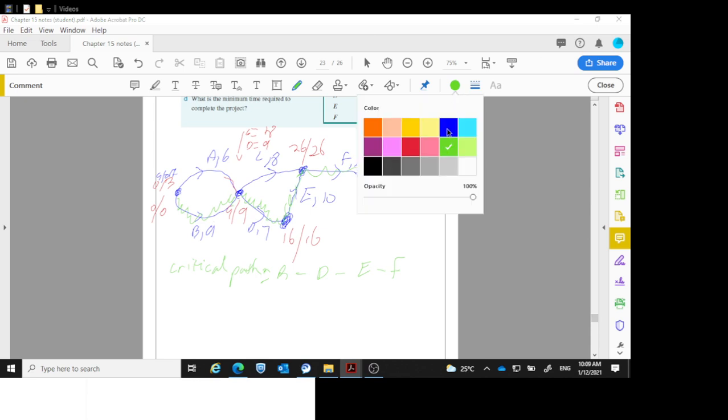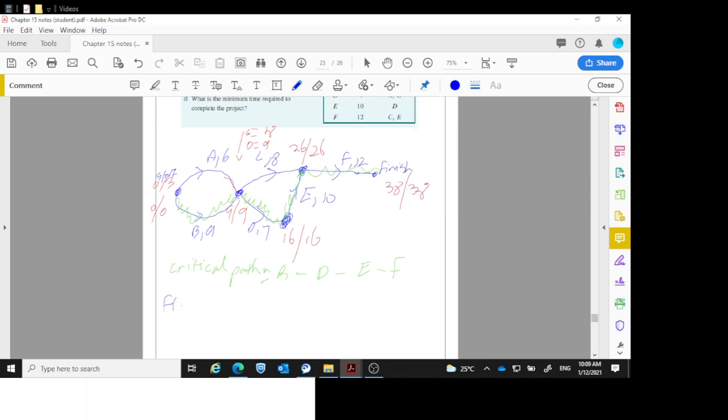And the float for the non-critical activities, float times. Okay. A, 3 minus 0. C is the 18 minus the 9. And that's all we have for float times.